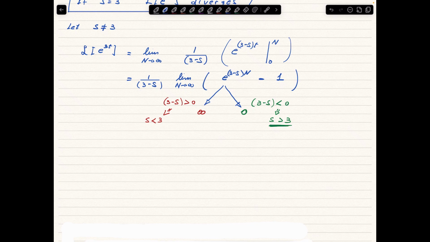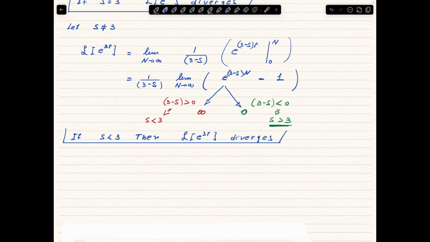So what we can say is, if s is smaller than 3, then the Laplace transform of the exponential 3t diverges, which is the same that happened when s is equal 3.